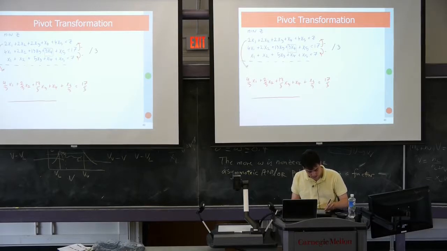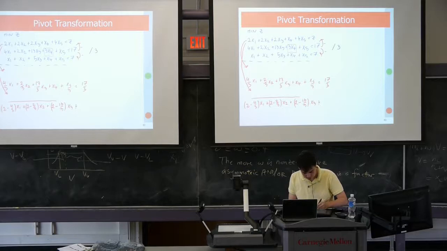So we have this equation, and this is what we would get, that 2 minus 4 over 3 x1 plus 2 minus 2 over 3 x2. If I make a mistake, please correct me. x3 plus 0 times x4 plus 4 minus 1 over 3 x5, and this is minus z minus 17 over 3.